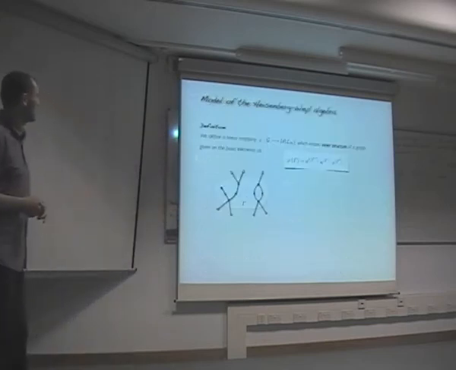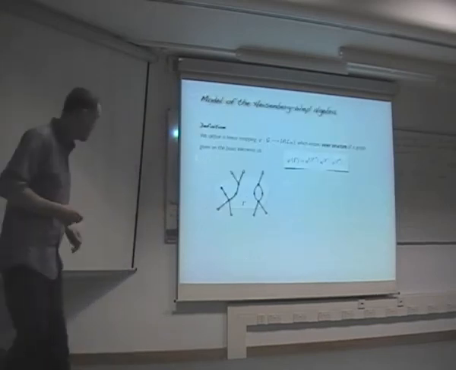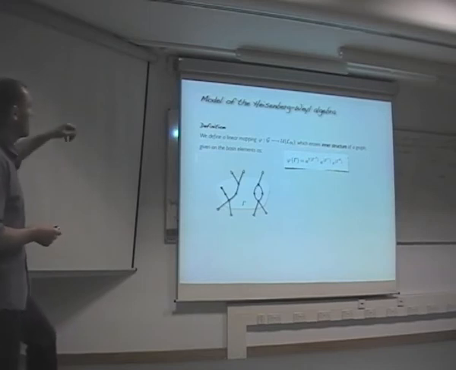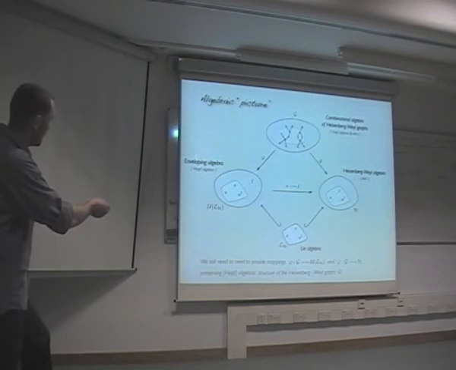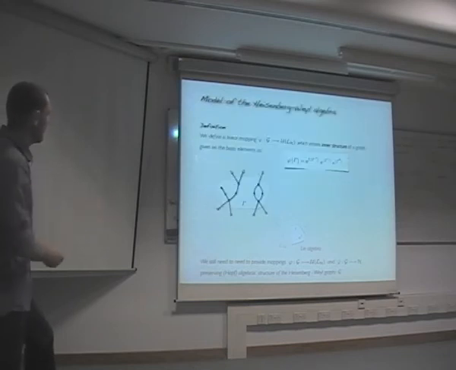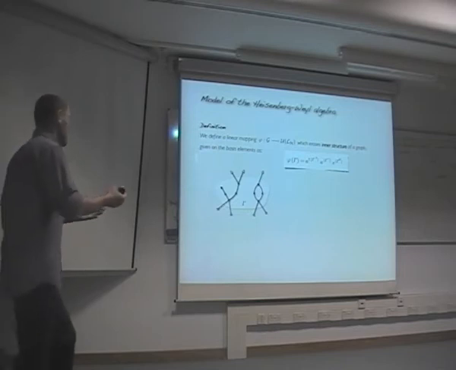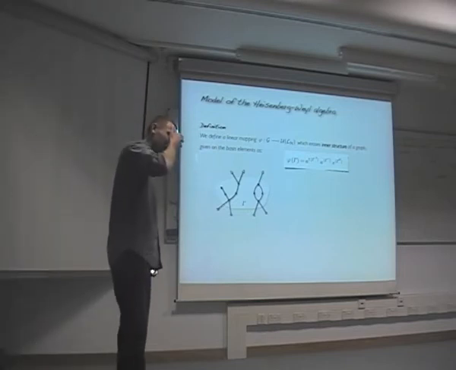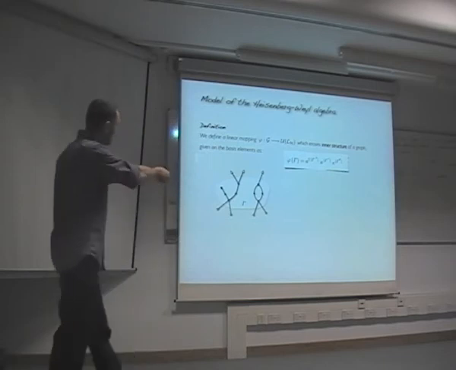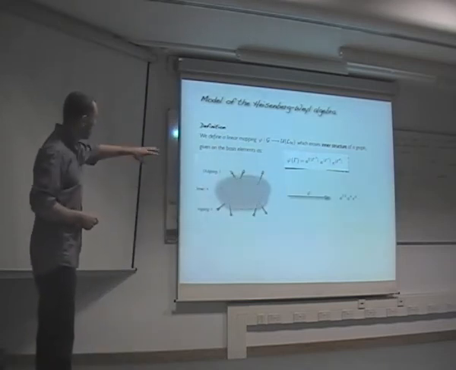So how to do this? Here is the definition. So I want to go from the graphs to the enveloping algebra. So I will show you how to define this morphism. The definition is very simple. Suppose you are given a graph, something like this. The prescription is just to forget about the inner structure of the graph. So I don't see what is inside.